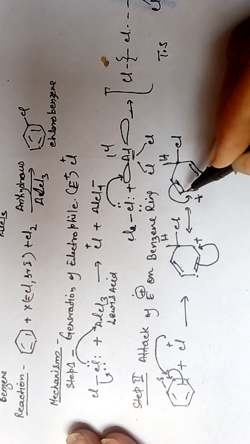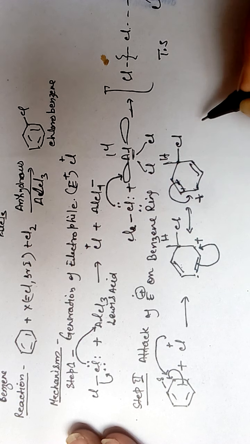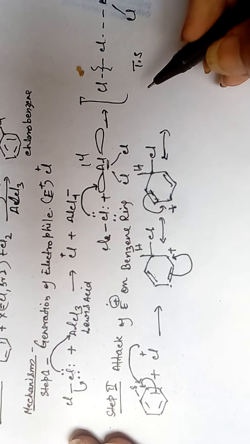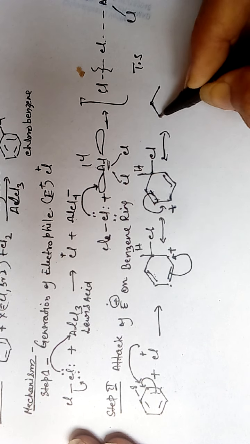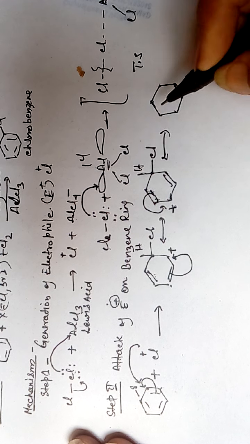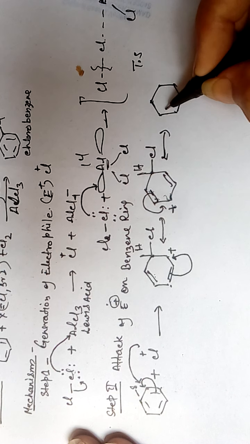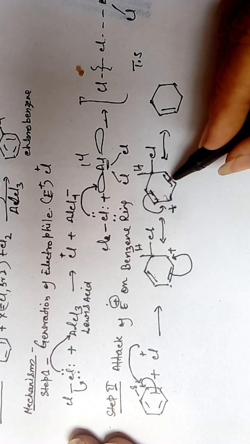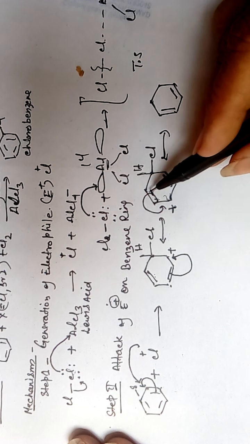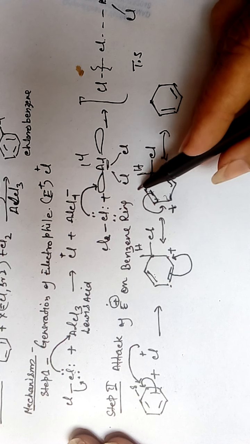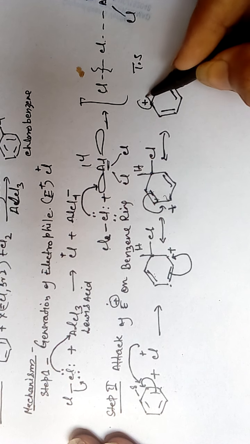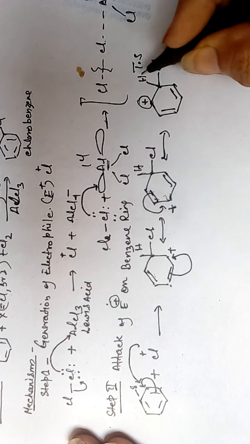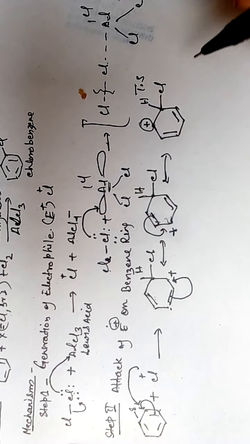Now we see in the next structure what happened. A double bond shifts here and neutralizes the positive charge, and a positive charge comes on this carbon. Cl is present and H is present here. In this structure, what will happen?